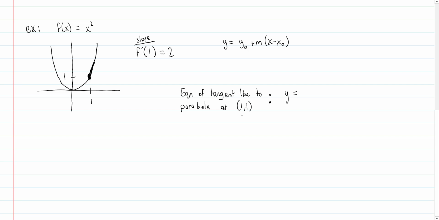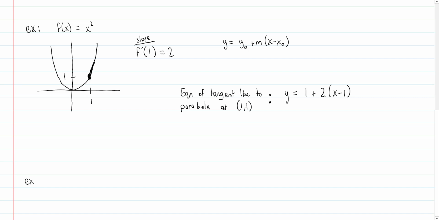So (1, 1) is my (x0, y0), and the slope was the derivative of f at x equals 1, which was 2.